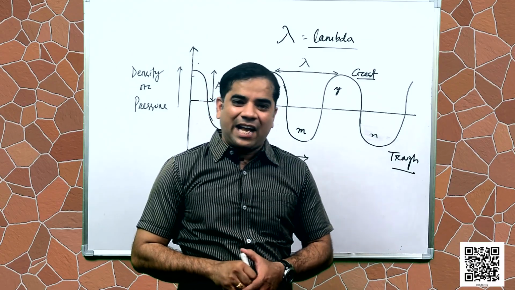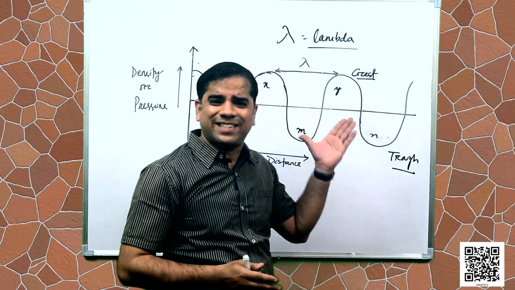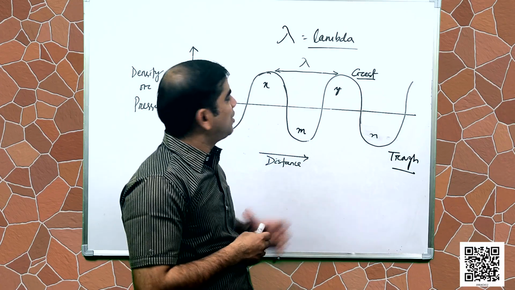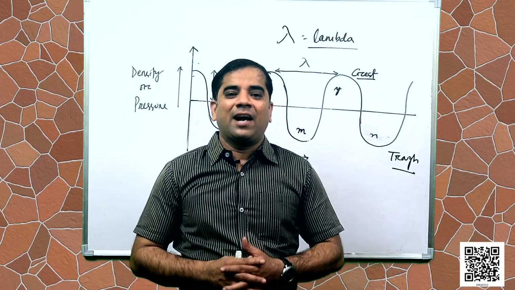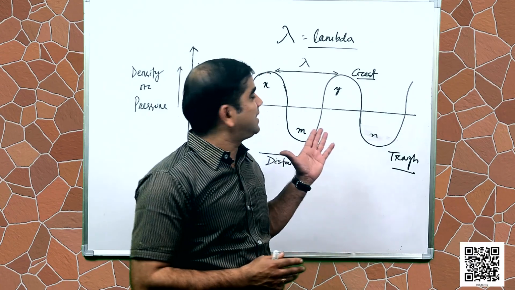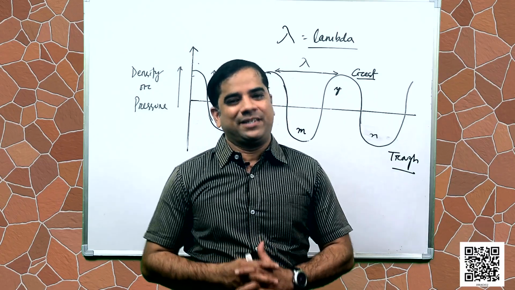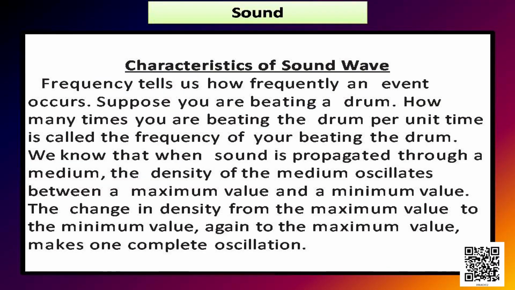Its SI unit is meter because we are referring to distance. From this, we understand that wavelength is lambda and its SI unit is meter. Hope you understood this.